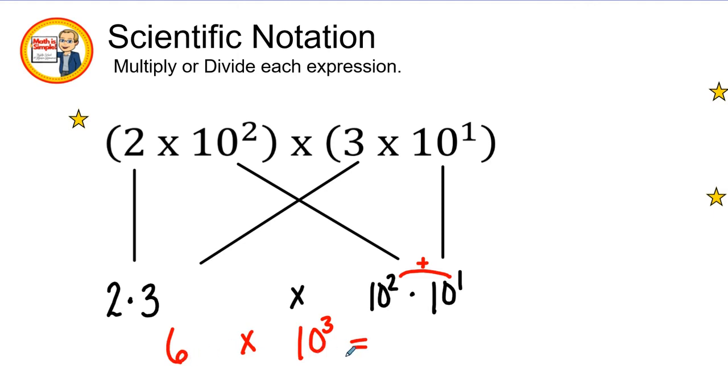Once again, if your teacher wants it in scientific notation, you will give them this answer. If not, I am going to write my 6 and then move my decimal place over 3 times, which adds 3 more zeros. And so my actual answer in standard form is 6,000.